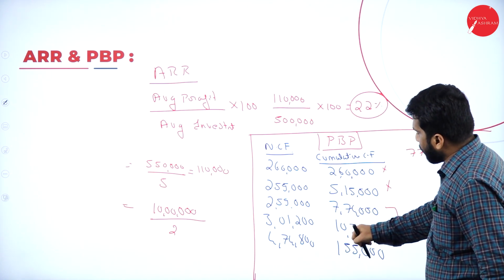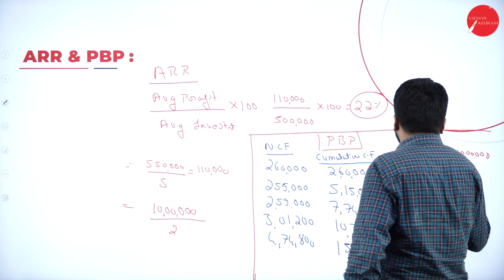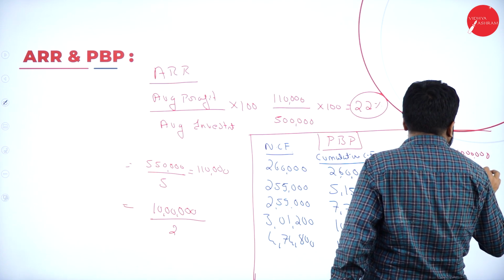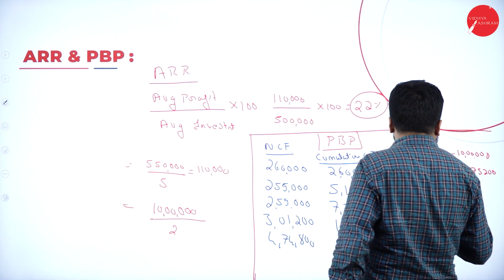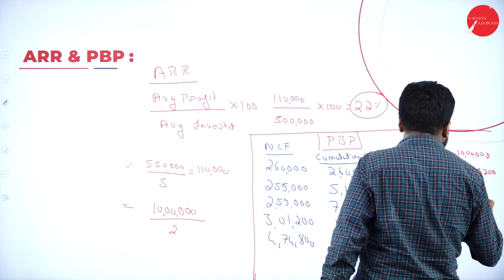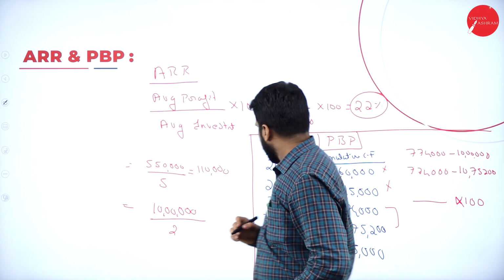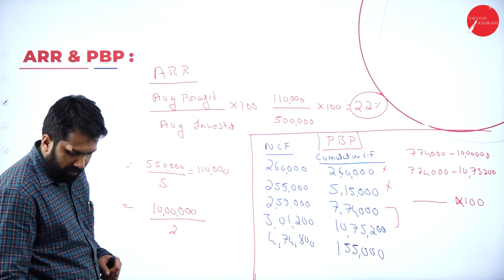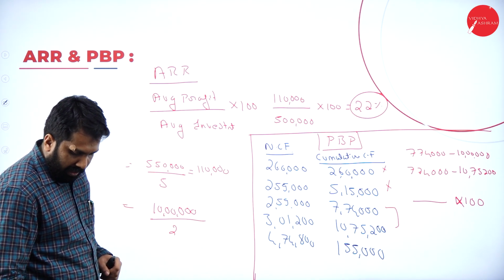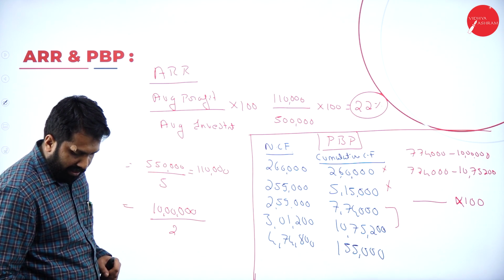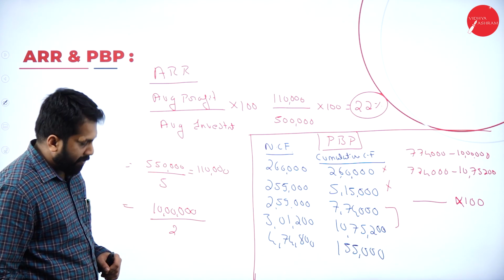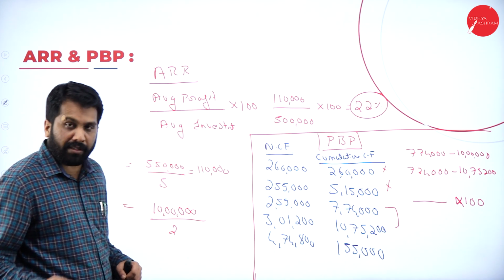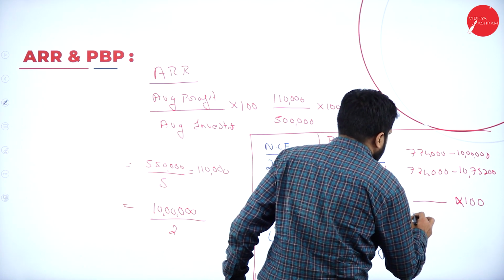And the difference between the third year and the fourth year: 10,75,200 minus 7,74,000, I got around 3,01,200.